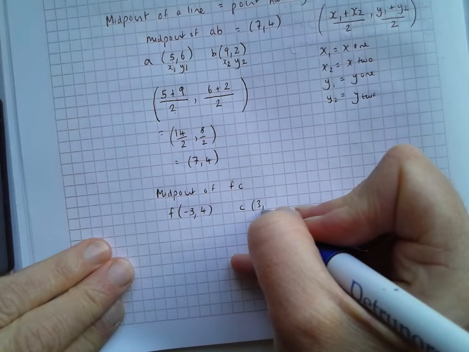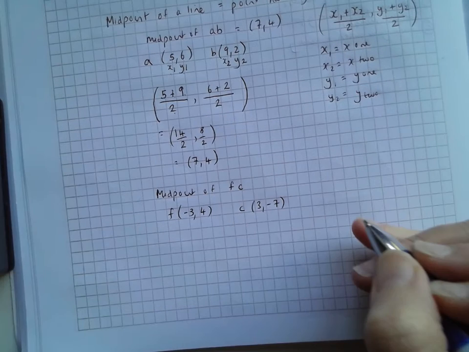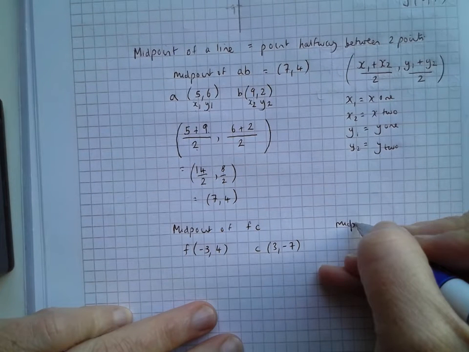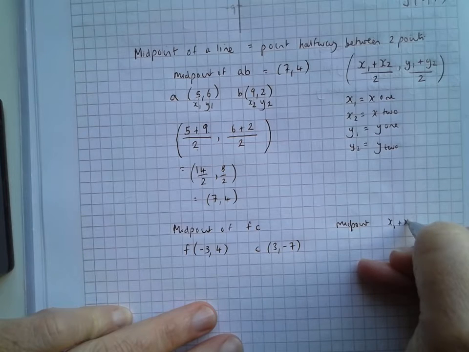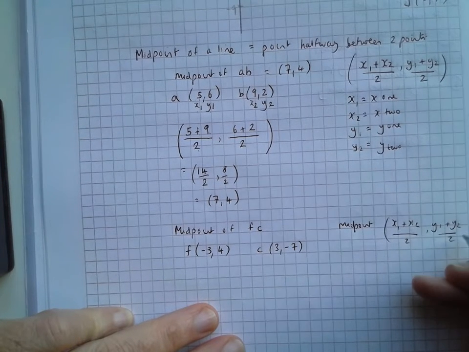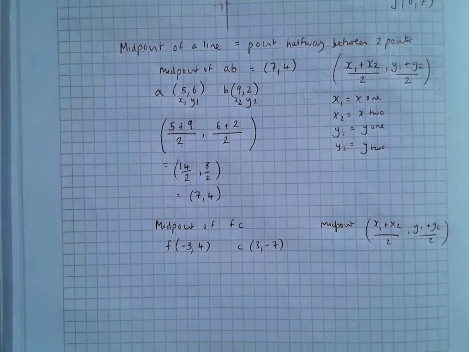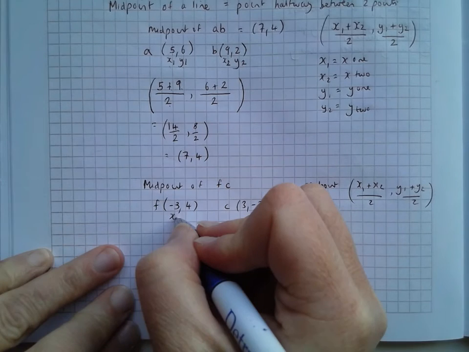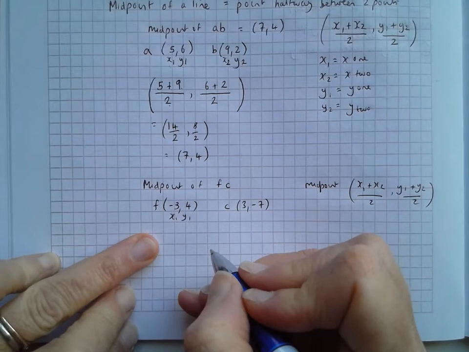Now remember, our formula says that the midpoint is x1 plus x2 over 2 and y1 plus y2 over 2. Okay, so let's label our points x1, y1, that's what F is, and C is x2, y2.